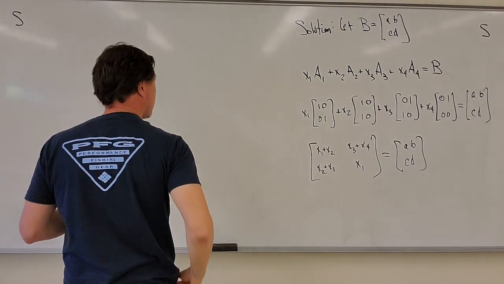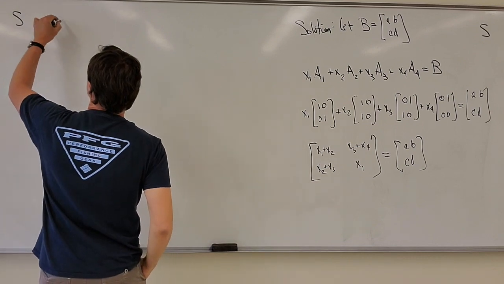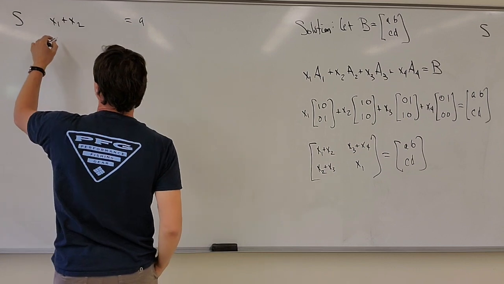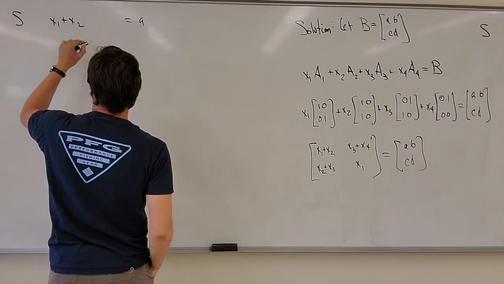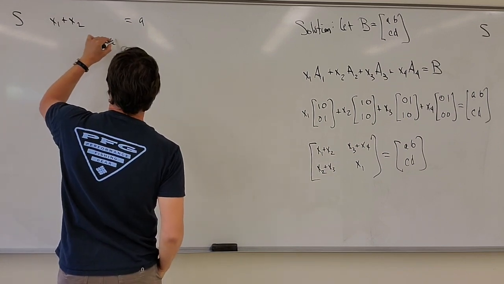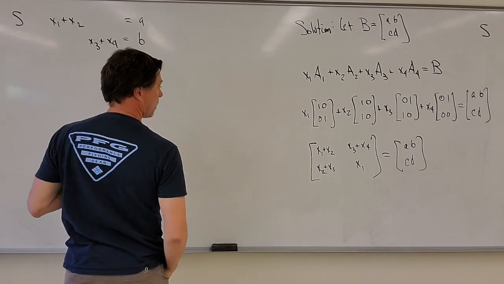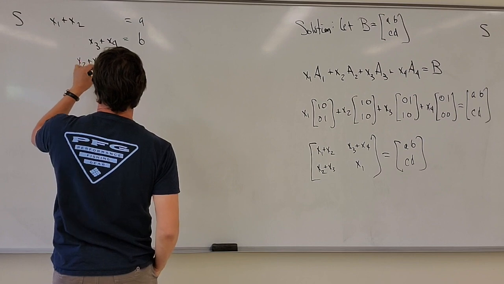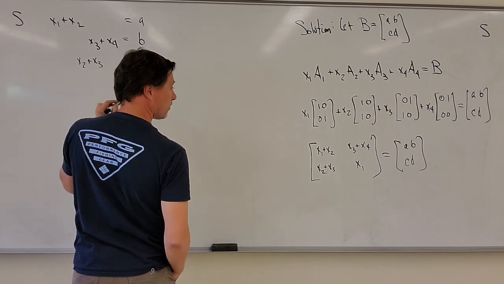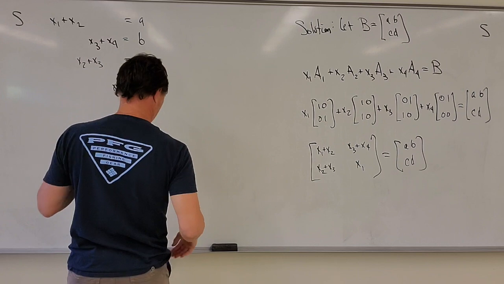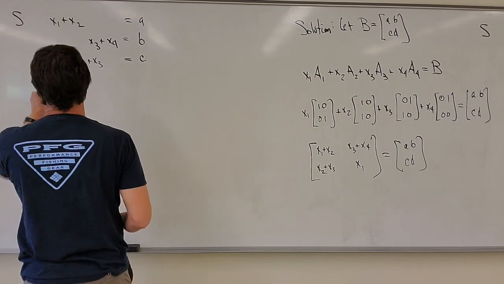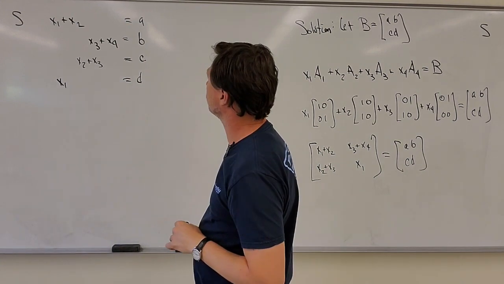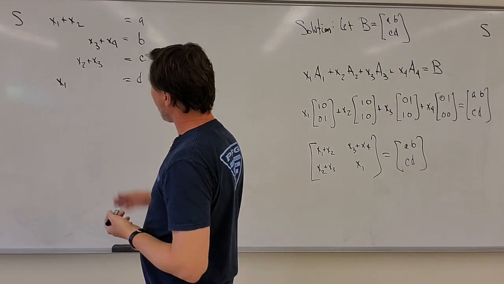Well, this creates a linear system. Let me write out what this linear system is. x1 plus x2 has to equal A. x3 plus x4 has to equal B. x2 plus x3 has to equal C. And x1 has to equal D. All right, now we have a linear system.